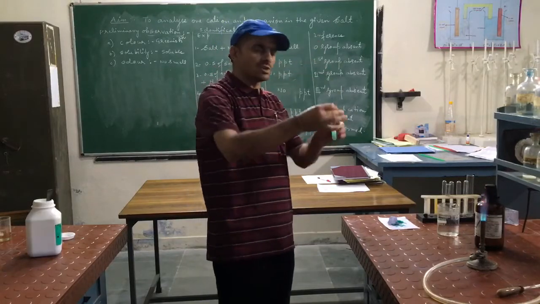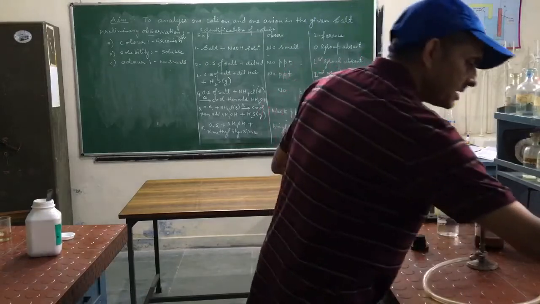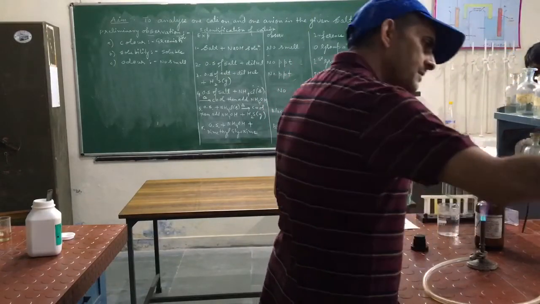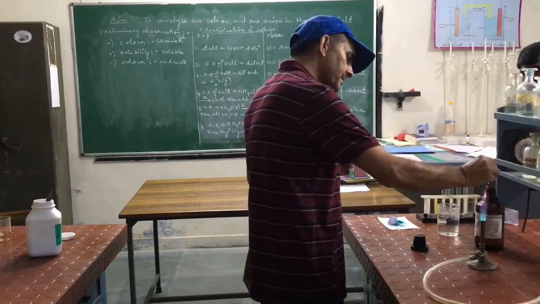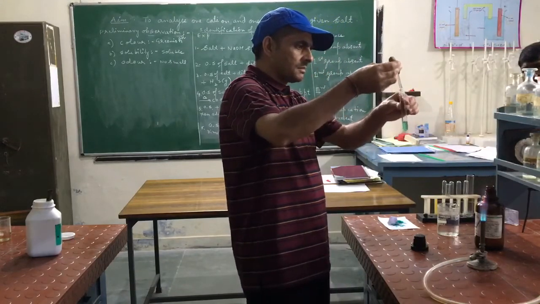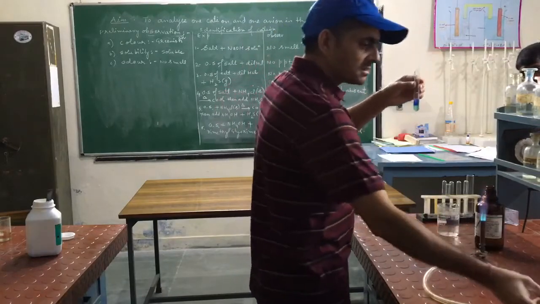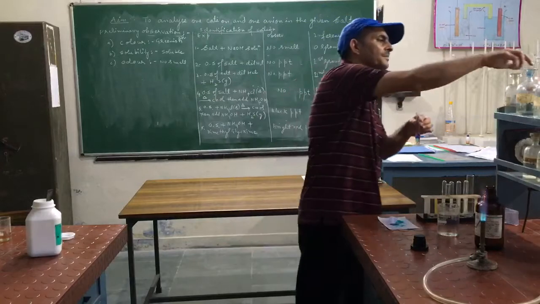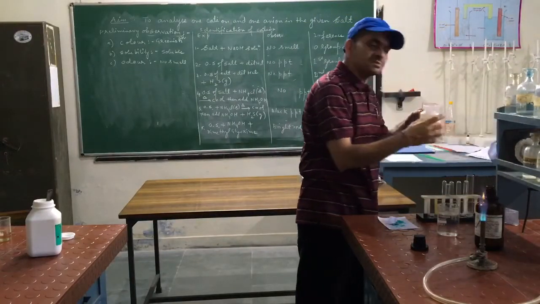This is the original solution of salt. We will add ammonium hydroxide in it. Ammonium hydroxide is added. Now to this we will add dimethyl glyoxime, DMG. This is DMG solution.